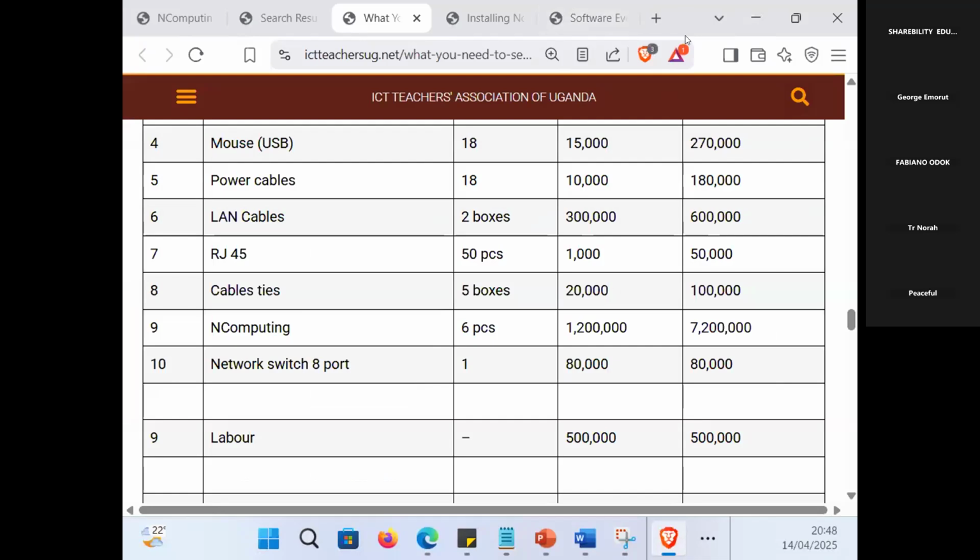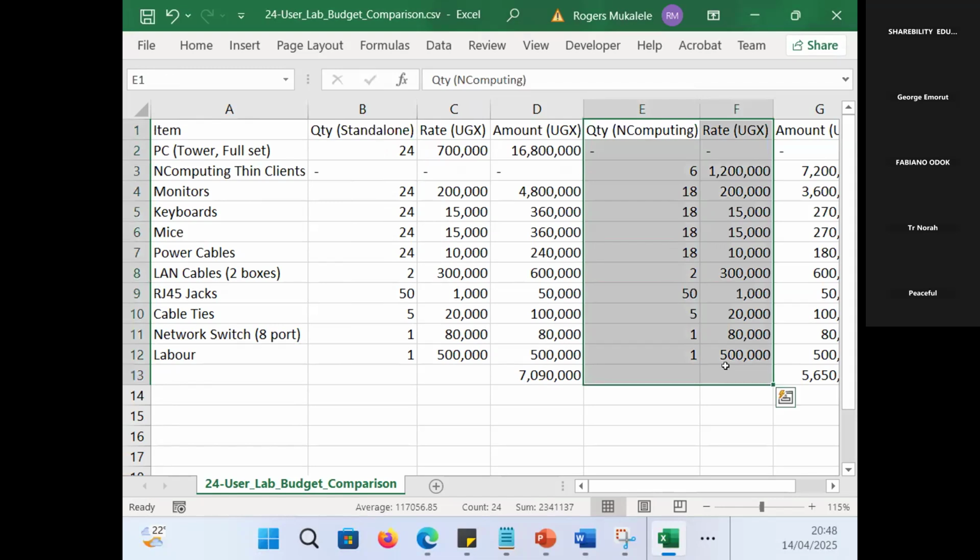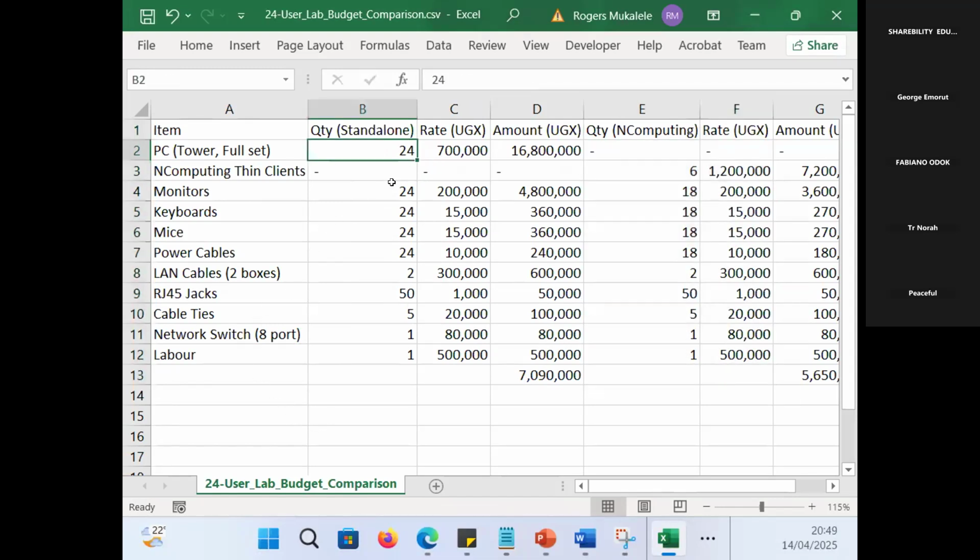So we do something here, and then the rest of the session is going to be, at least if we can discuss something here, then we can have something which we can share with the schools. If a school wants to set up N computing, what can they know? What can they do? And if a school wants to set up standalone, what can be the costs so that we can be able to move?